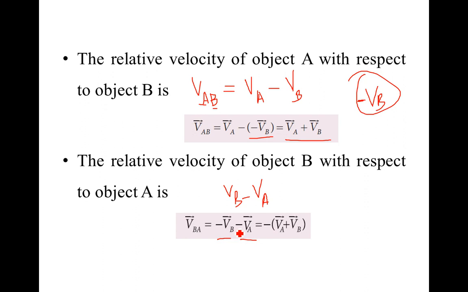Here I have taken the minus common outside and written it as VA plus VB. As you are relating with B, which is in the opposite direction, the total value will also be in the opposite direction, which is indicated by the minus sign here. This is your second case.